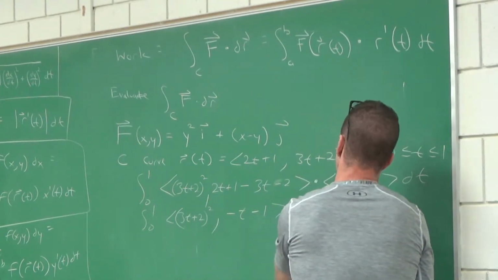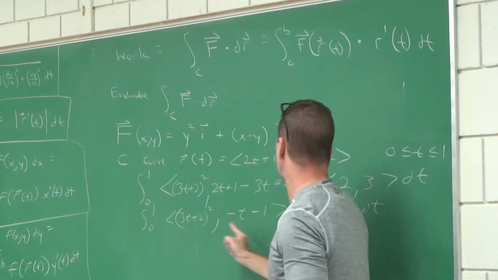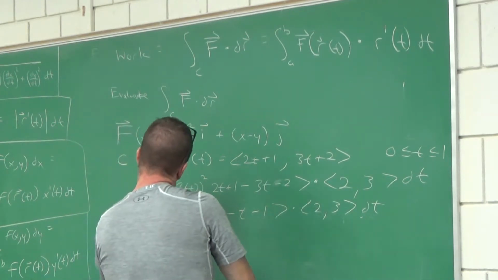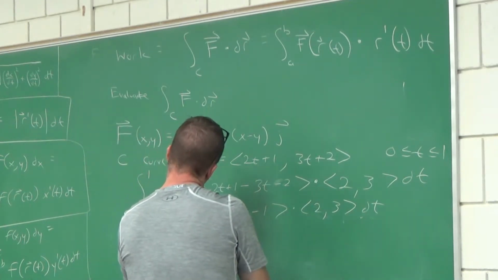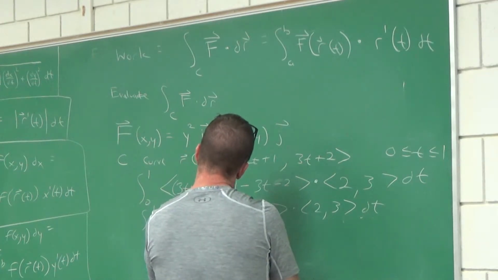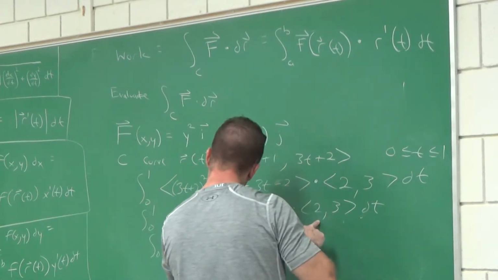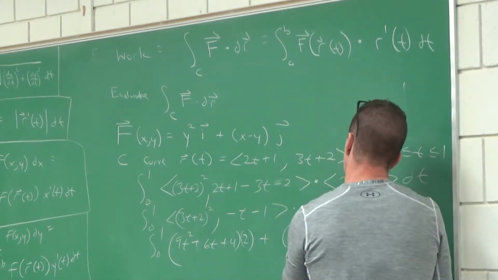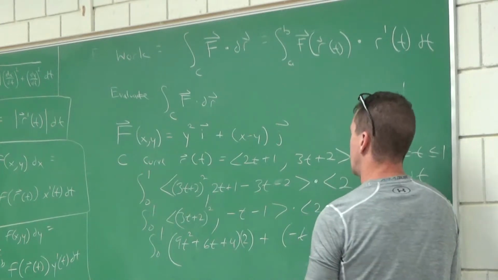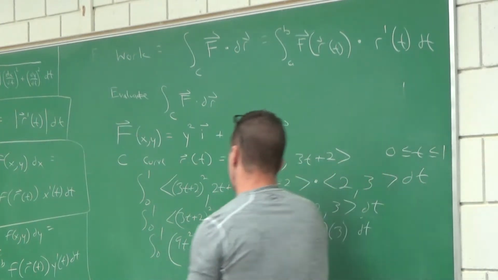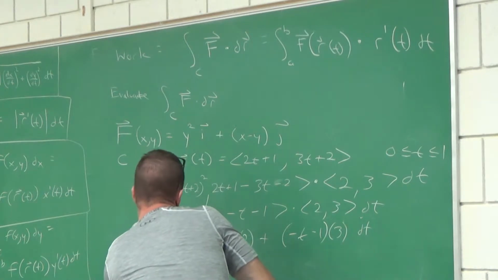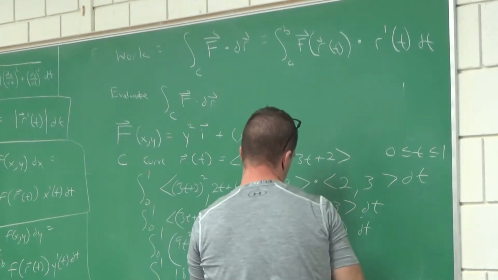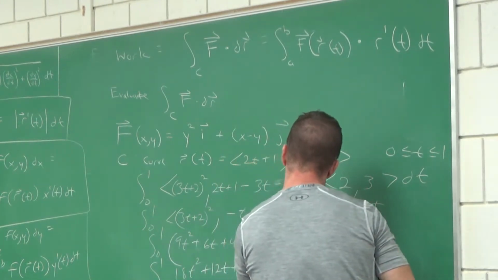So then all you have to do with the dot product is 2 times this plus 3 times this. That's 9t squared plus 6t plus 4 multiplied by 2, plus negative t minus 1 multiplied by 3. 18t squared plus 12t plus 8 minus 3t minus 3.